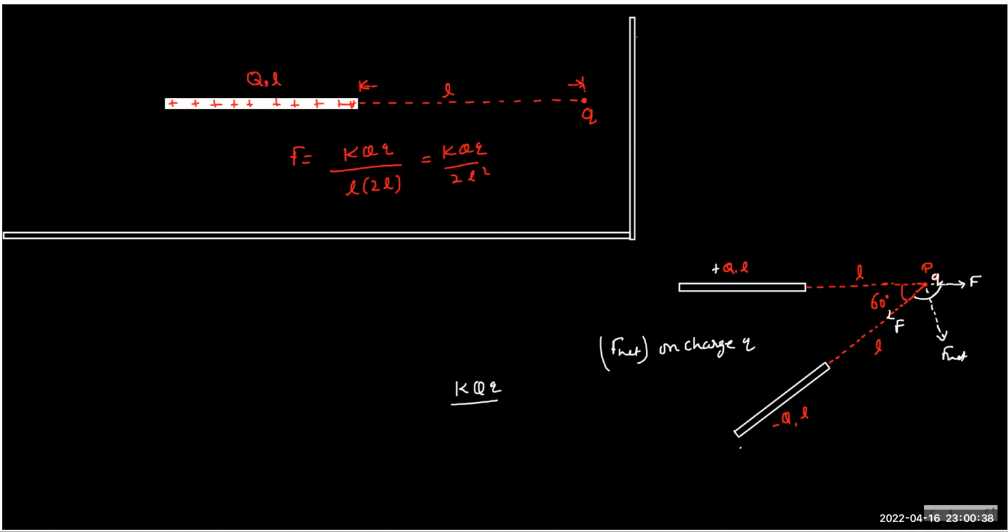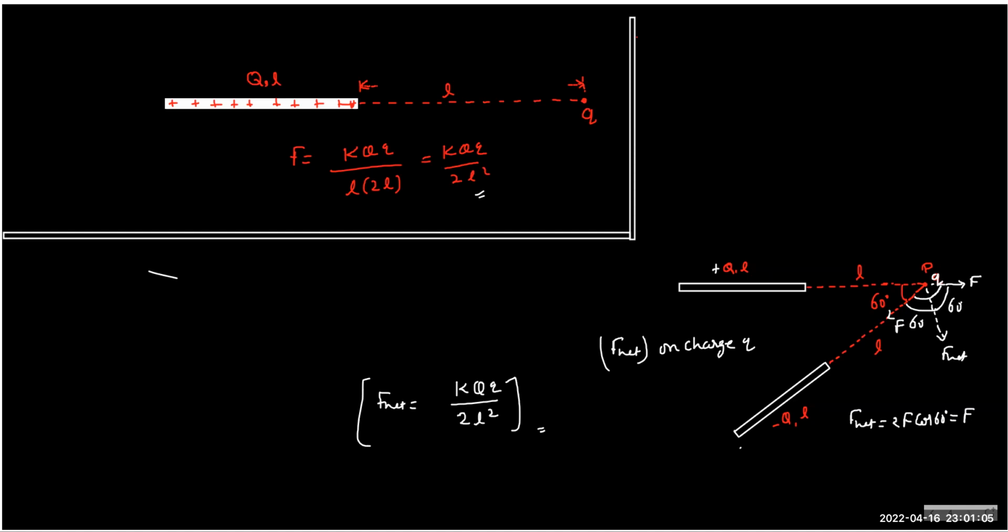This is 60 degrees, this is 60 degrees. F net will be 2F cos 60, which is as good as F, since cos 60 is half, no? So the net force comes out to be the same answer, 2L square.